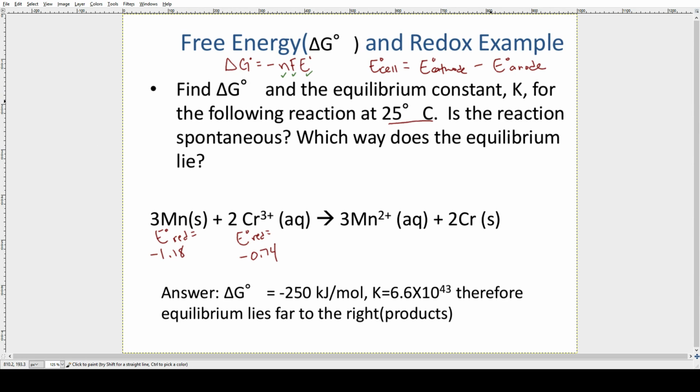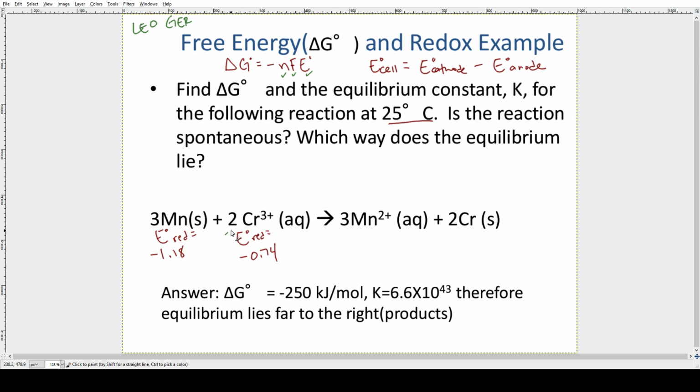So let's figure out what's being reduced. Reduction is gaining. Leo the lion says grrr. Gaining electrons is reduction. So what's gaining electrons? Manganese or chromium? Chromium is gaining electrons.